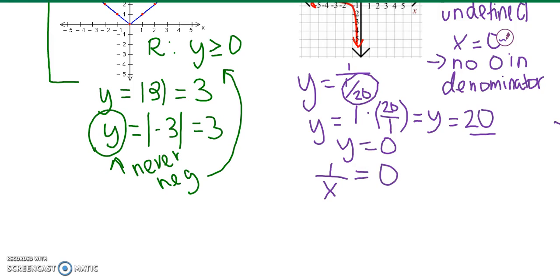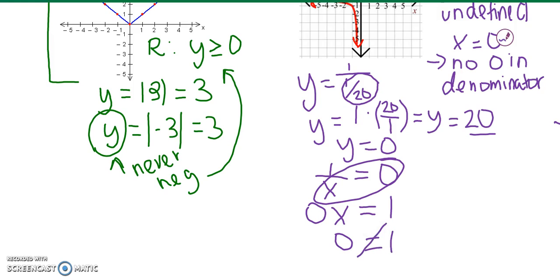We want to solve for x. In this case, we can cross multiply, and our answer is x times 0 equals 1, which means 0 equals 1.